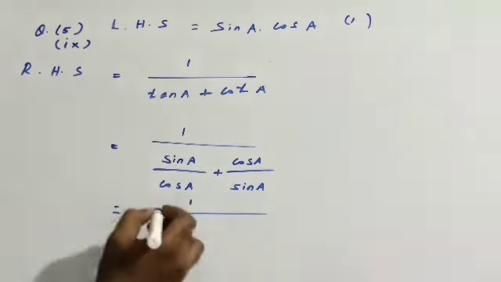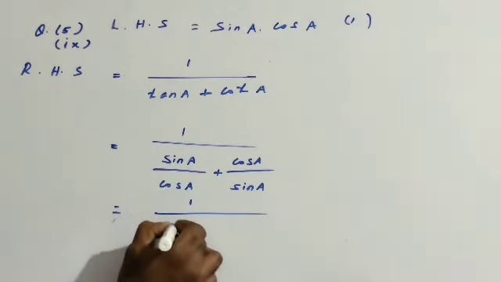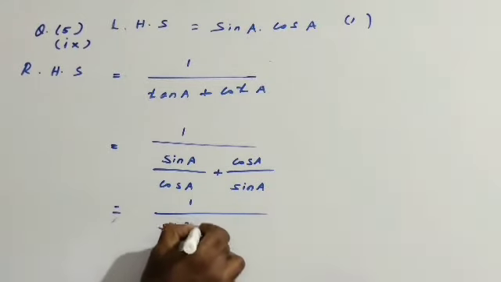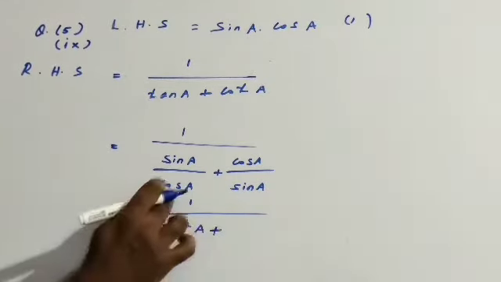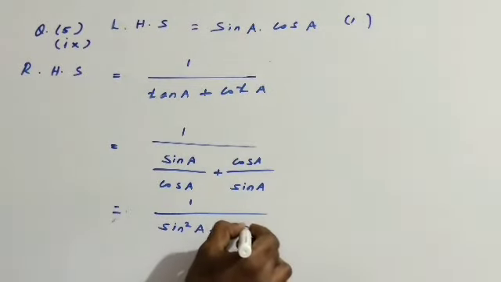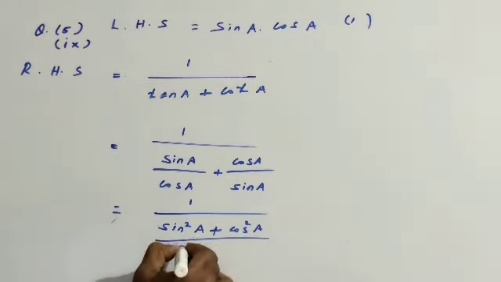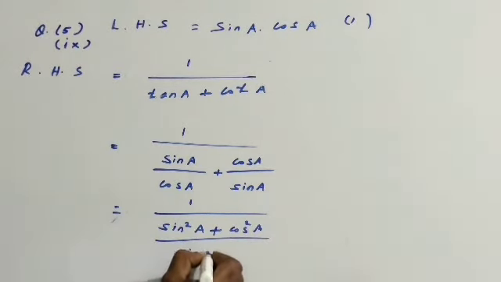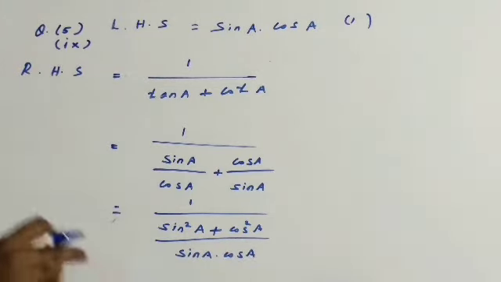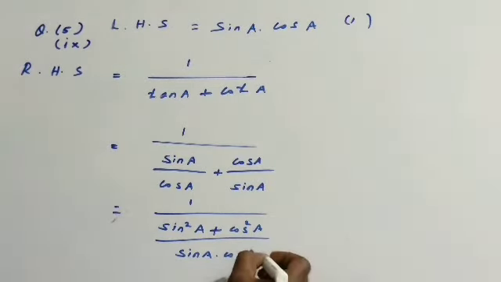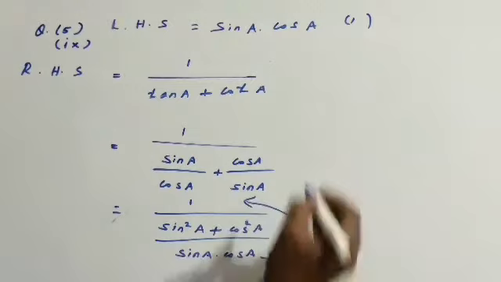Sin A into sin A gives sin square A plus cos A into cos A, cos square A, by cos A into sin A, or you can write sin A into cos A. One by sin square A plus cos square A divided by sin A into cos A. Now this term comes to the numerator.